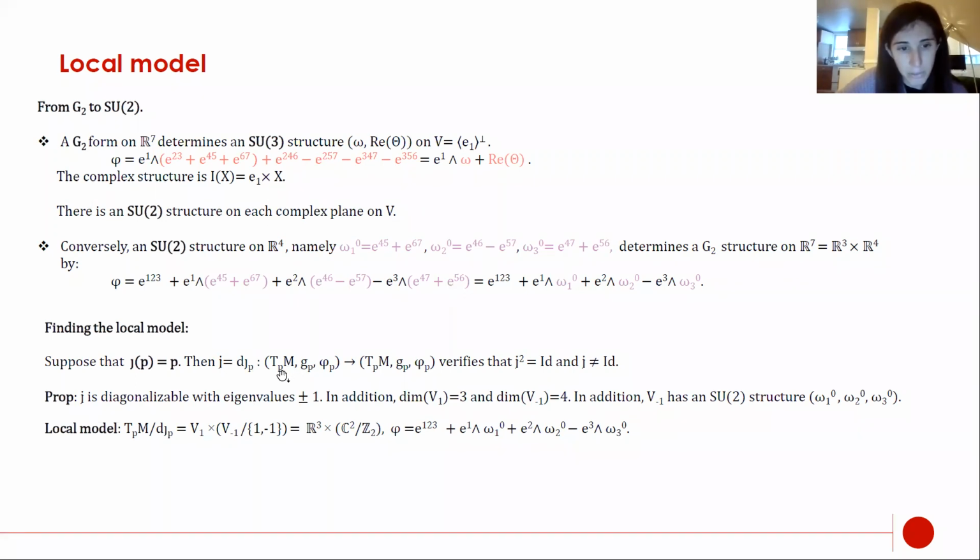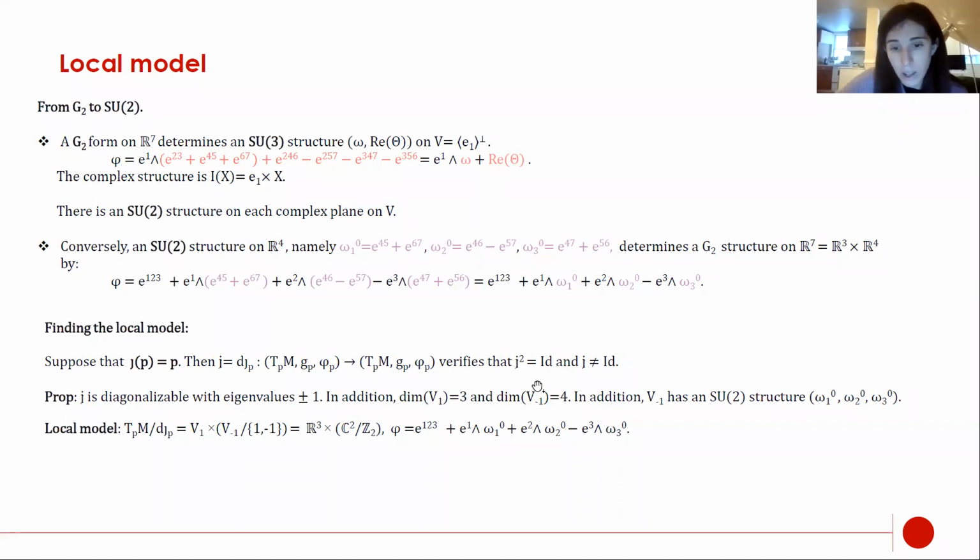This is an endomorphism from the tangent space at P to itself that preserves the G2 structure, and it is a linear involution. Then, doing some linear algebra using only these two properties, one can prove that this differential is diagonalizable with eigenvalues 1 and -1. The eigenspace associated to 1 has dimension 3, and the other one has dimension 4.